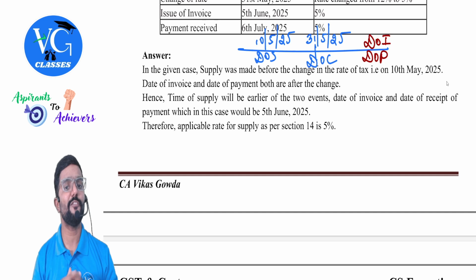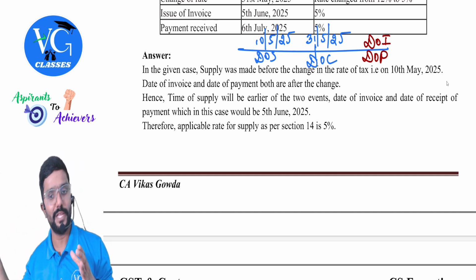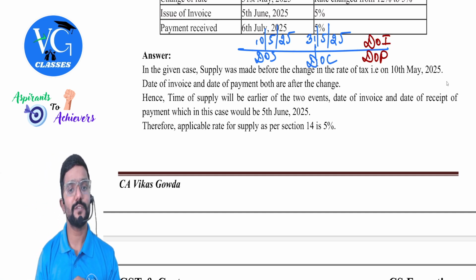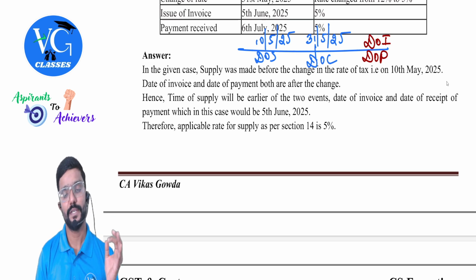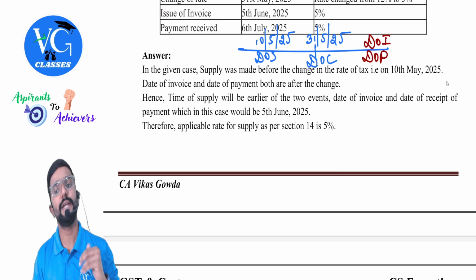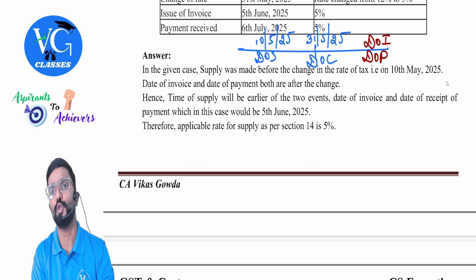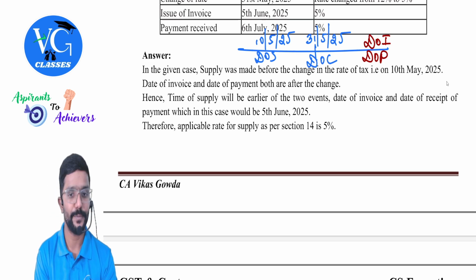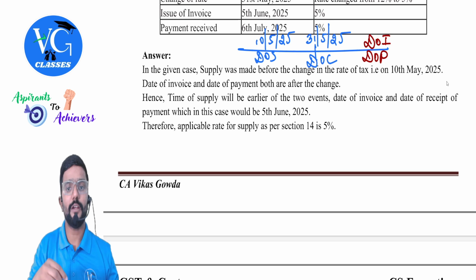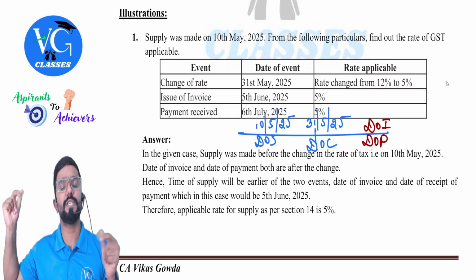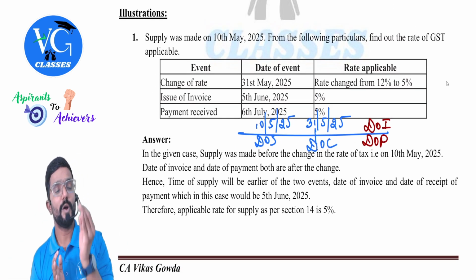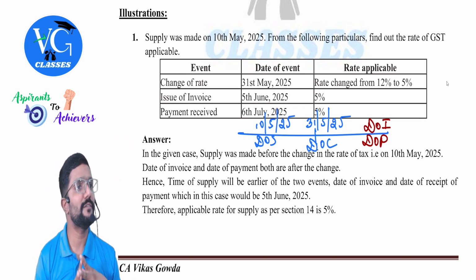Date of invoice and date of payment both are after the change. Hence, time of supply will be the earlier of 2 events, that is the date of invoice and date of receipt of payment, which in this case would be 5th June 2025. So of the two, 5th June or 6th July, whichever is earlier, 5th June. 5th June is the time of supply as per section 14.